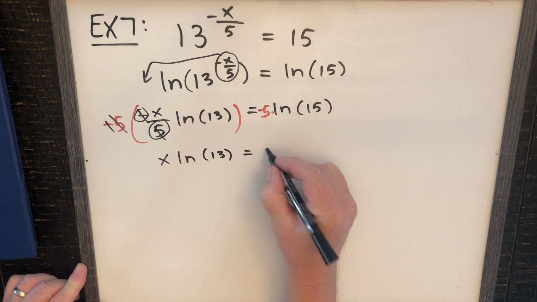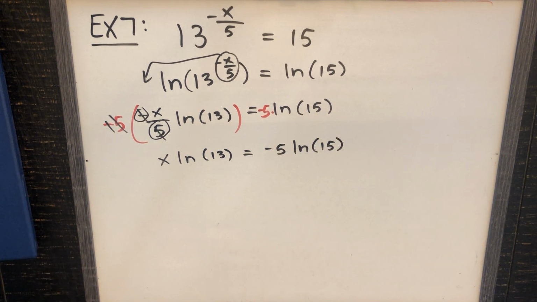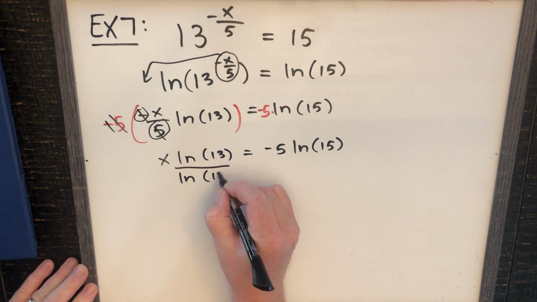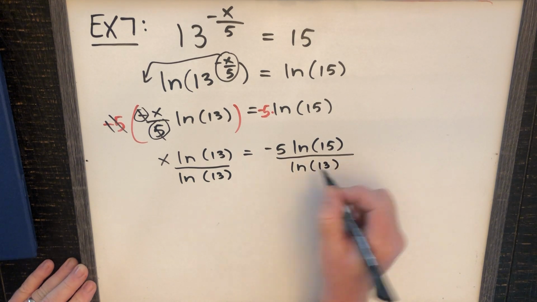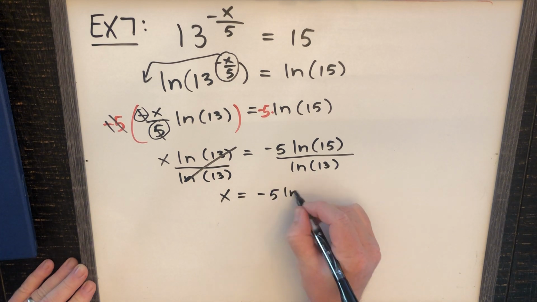And we'll now have negative 5 ln of 15 on this side. Okay. And you can divide both sides by ln of 13. And there's your solution.